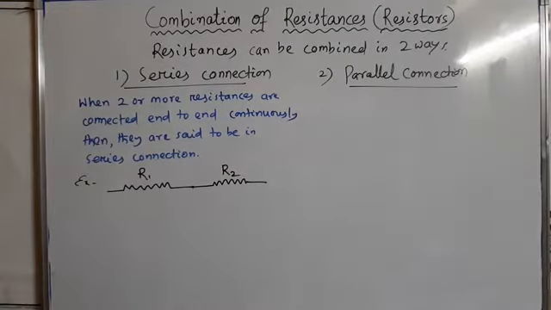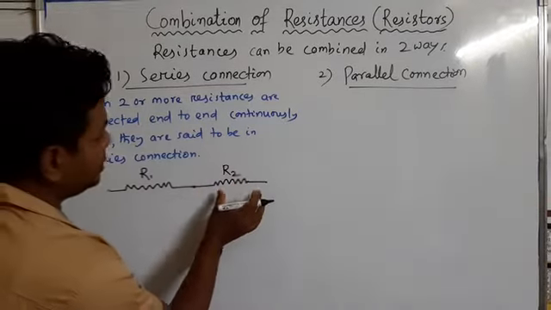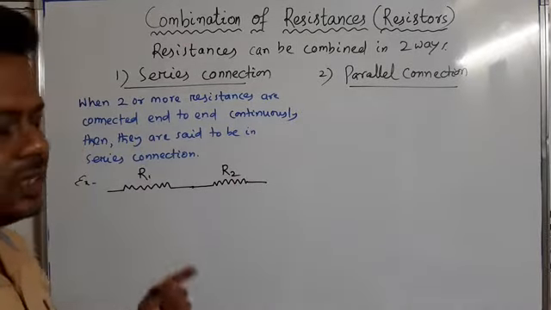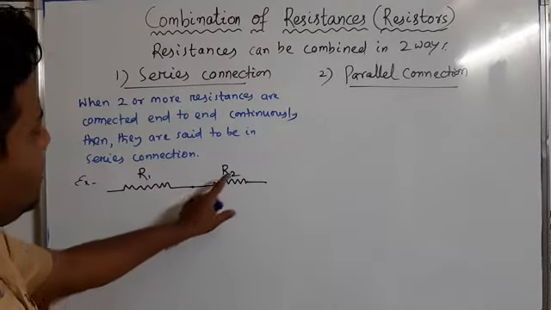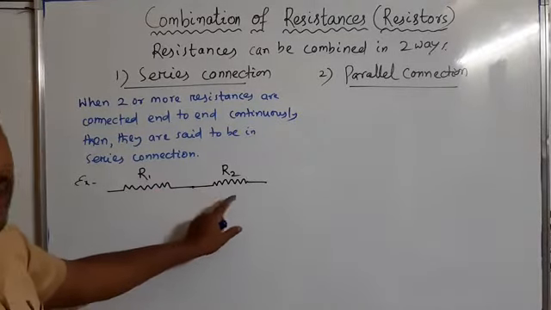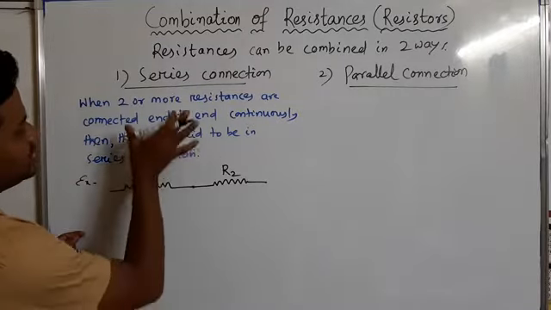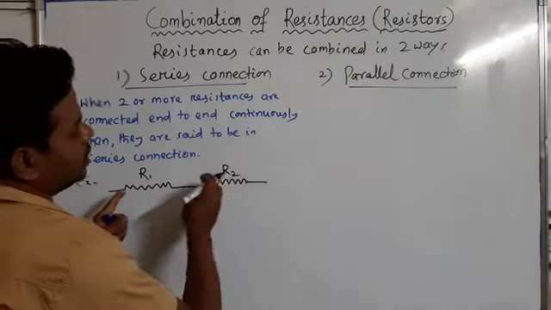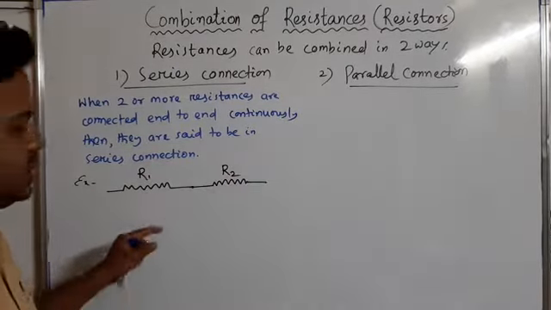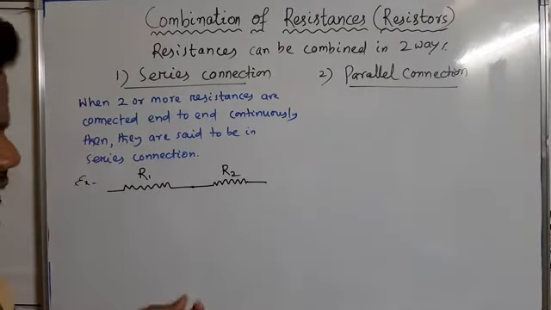So this diagram represents that R1 resistor and R2 resistor are connected in series, because one end of the resistor is finished, the other end of the resistor starts to join. So this type of connection can be called series connection. You can join many resistors in a series one by one.